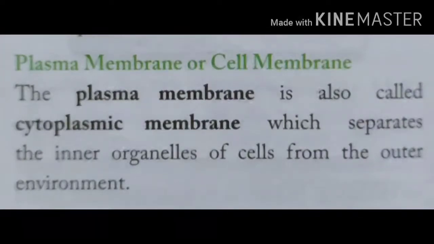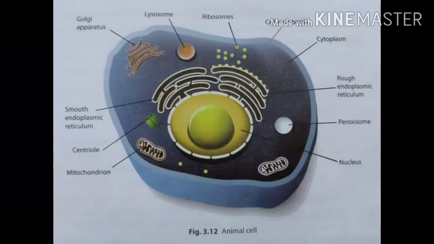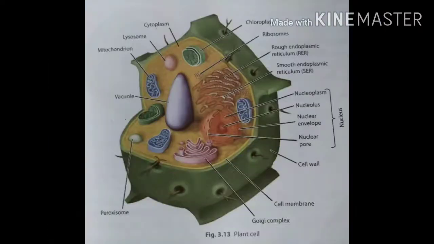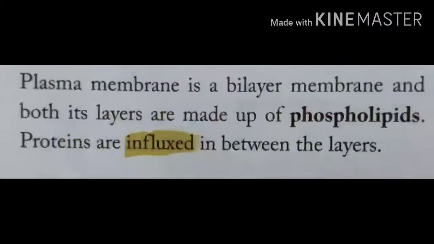And here you can see the structures of animal cell and plant cell. In the animal cell and plant cell, you can see the cell wall, and inside the cytoplasm, nucleus and vacuoles, all those things we can see.